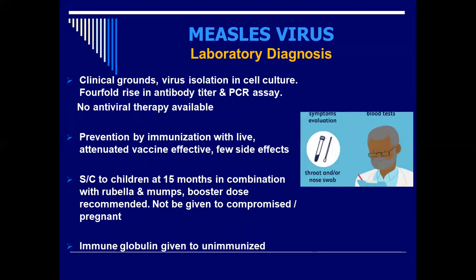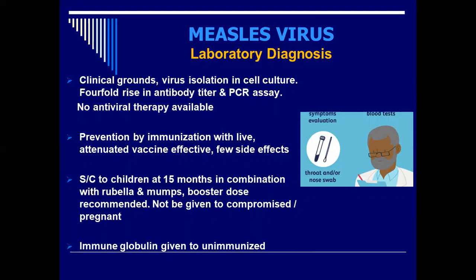For the laboratory diagnosis of measles, a presumptive diagnosis can be based on clinical grounds. The virus can be isolated on cell culture, but it takes a long time and needs specialized laboratory equipment and a specialized living culture to grow.